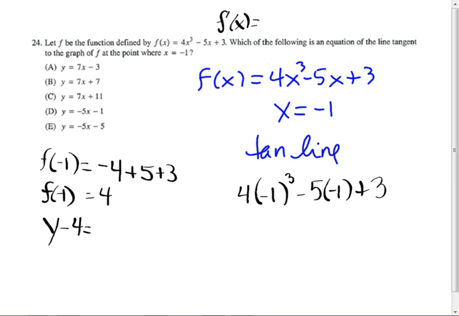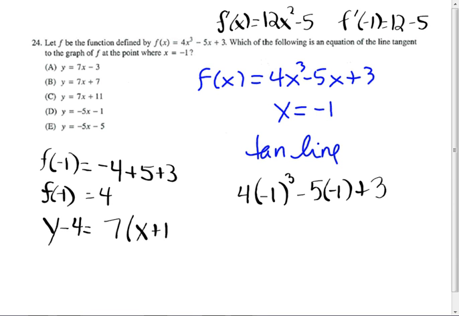What's f prime of x? 12x squared minus 5. So what's f prime of -1? That's going to be 12, right? Minus 5. So the slope is 7, and then it's x minus a -1 or x plus 1.